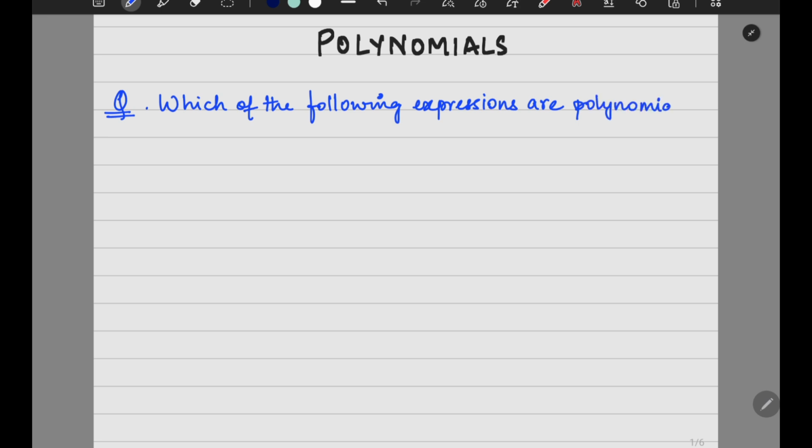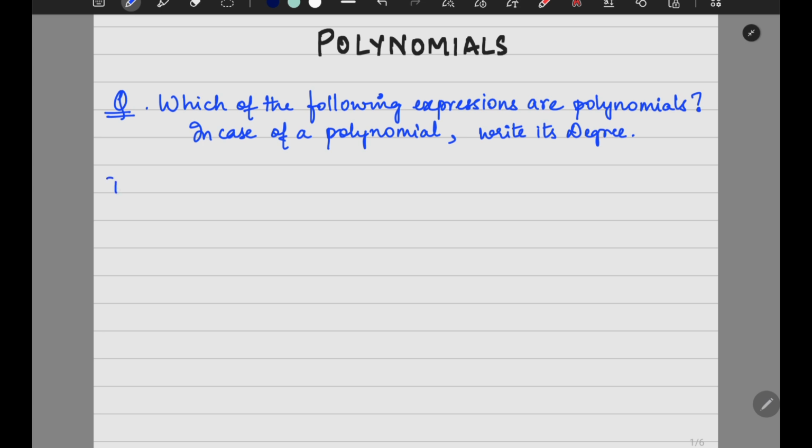So how do you identify if a given expression is a polynomial? If it is a polynomial, then you will have to find its degree. In case it's a polynomial, write its degree. This is the question.